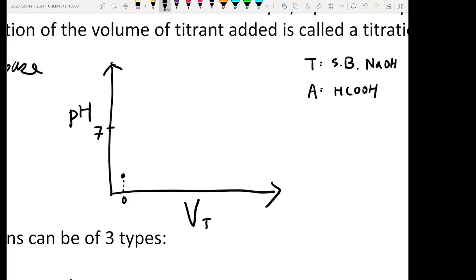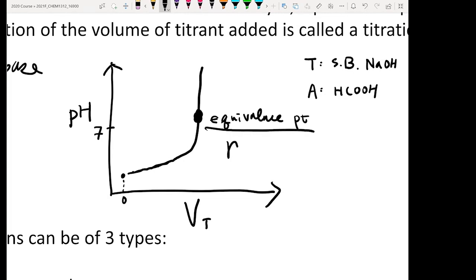And then you're going to add in your base. So once you add in base, what happens? The pH is going to increase slowly. At a certain point, when you do your experiment, you'll see a quick pH jump. When you see that happen, you're going to reach a point that's called the equivalence point, where this point means you have the same amount of titrant and analyte.